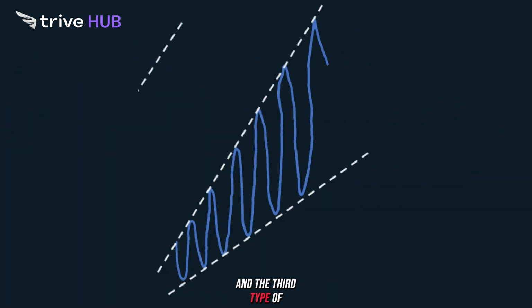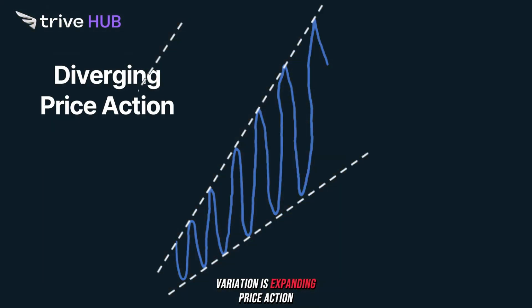And the third type of variation is expanding price action, or you can say diverging, because these two trend lines are diverging from each other. They are moving far away and they cannot intersect in the near future, and each of the cycle amplitudes is increasing in nature.